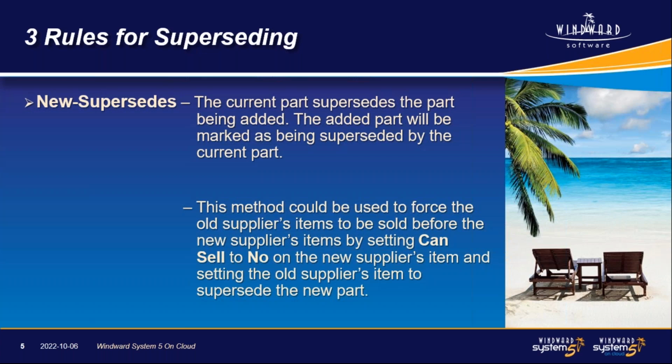And the drawback being when the old supplier's item is out of stock, you cannot sell the new supplier's item until the cancel flag on the new supplier's item is checked.